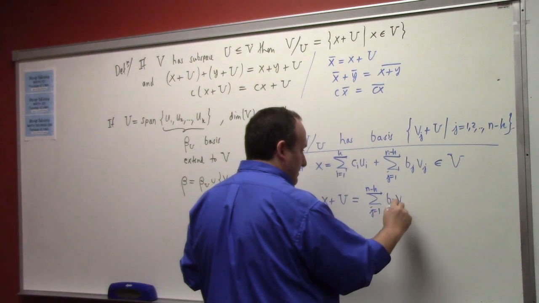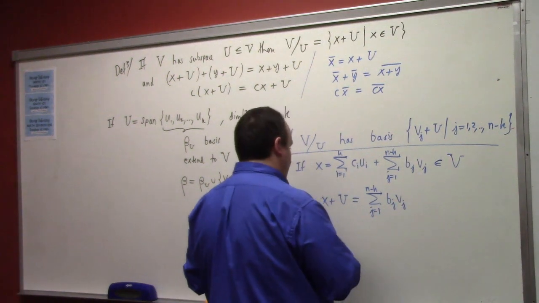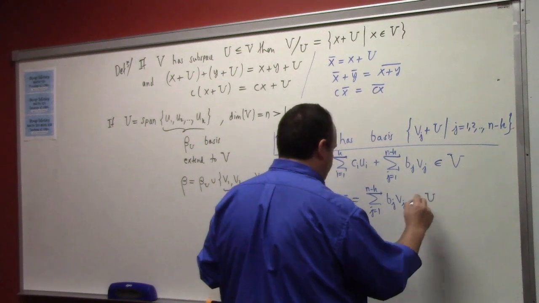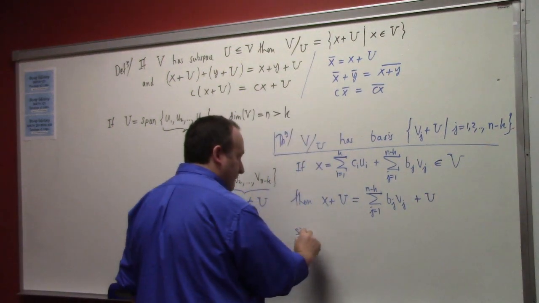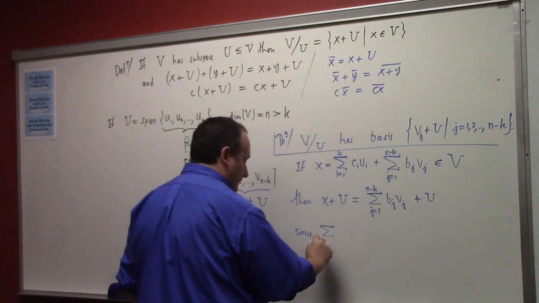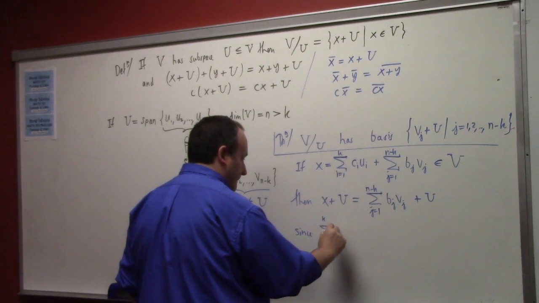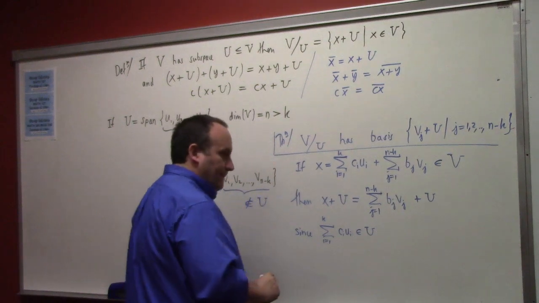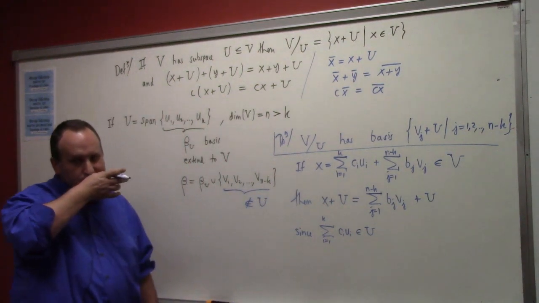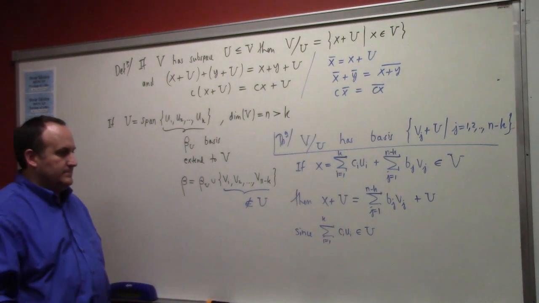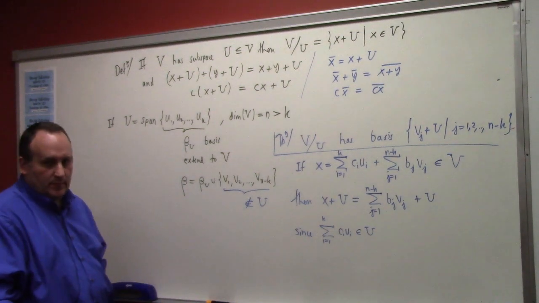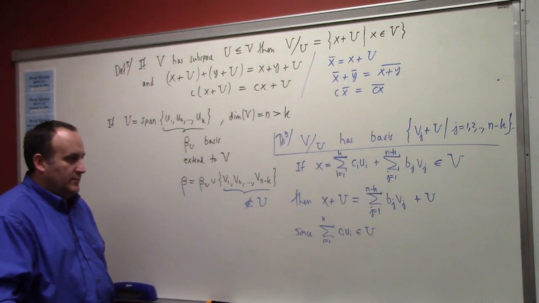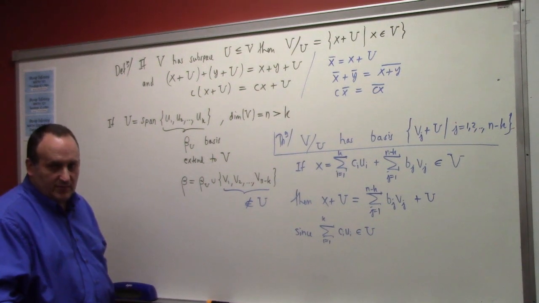Why can we do that? They all map to zero. Well, they're elements of U.